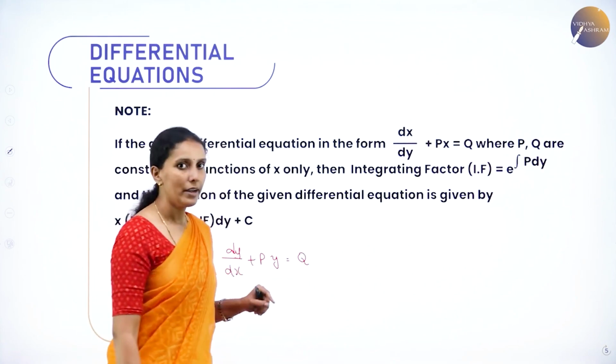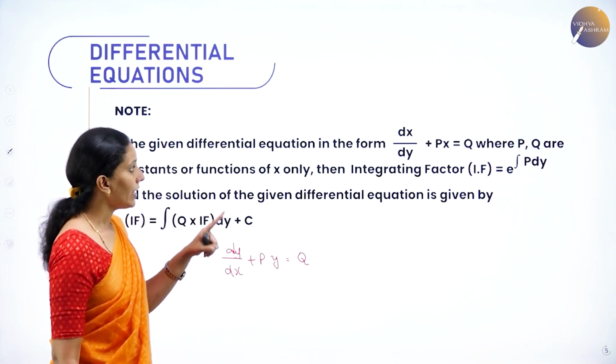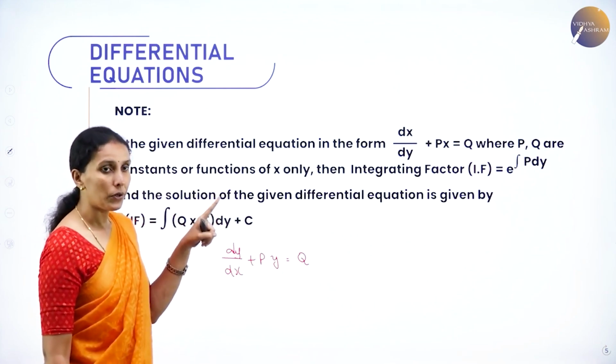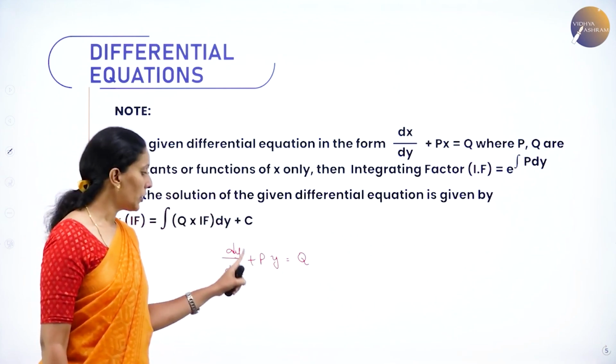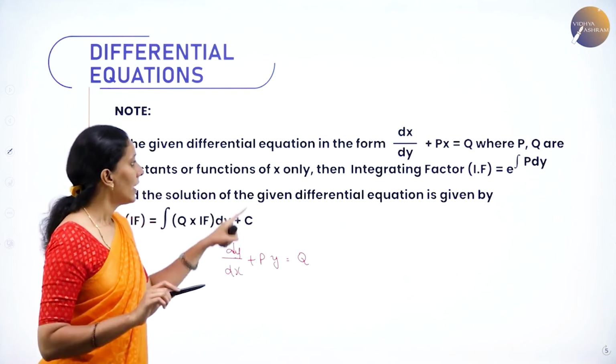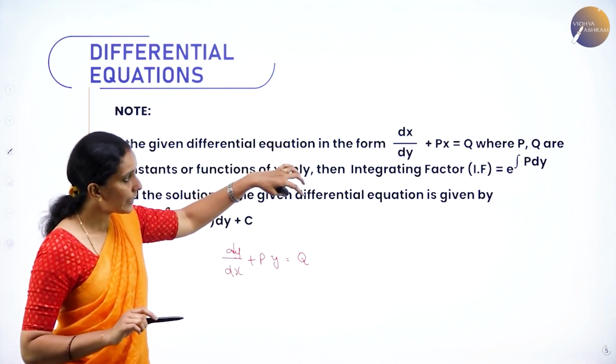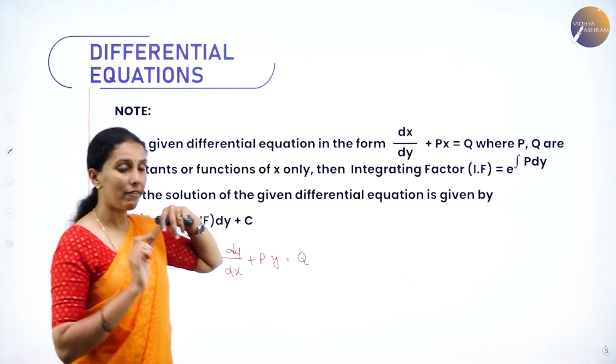This is type 1 and this is type 2. So it is dx by dy plus p into x is equal to q. Here p and q are functions of y, and you can integrate it by using the integral factor.